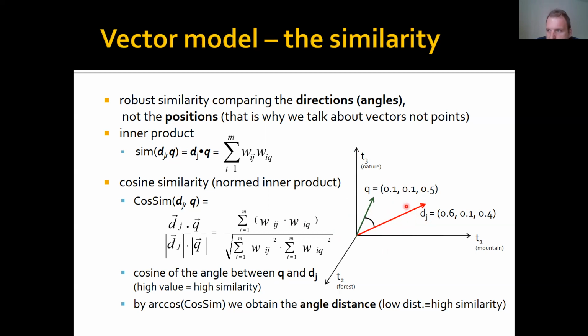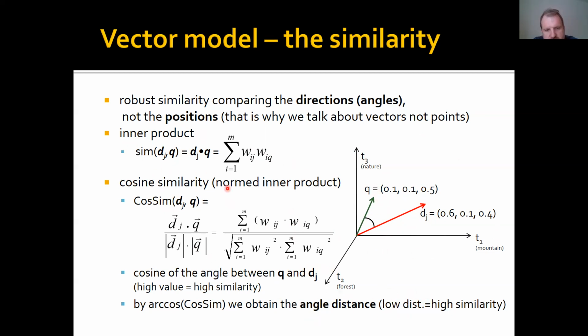And on this interval, the cosine function is monotonic, decreasing from 1 to 0, right? And therefore we are okay with the cosine because it's strictly inverse to the angle on this interval. So we do not need to compute the arccosine. Okay.